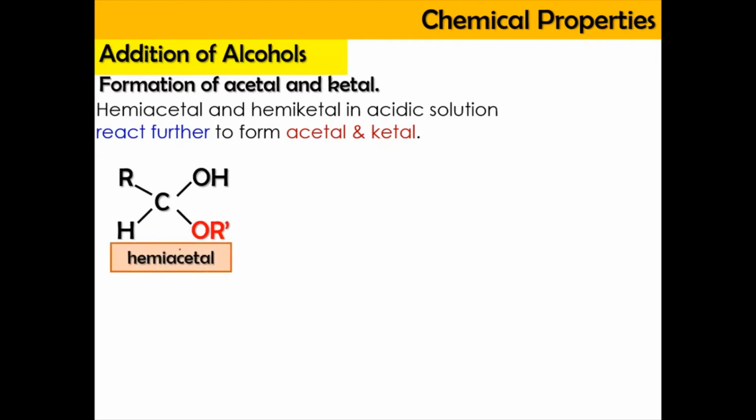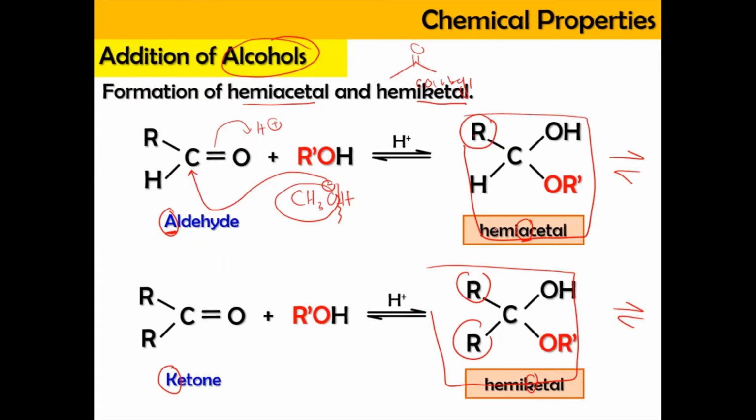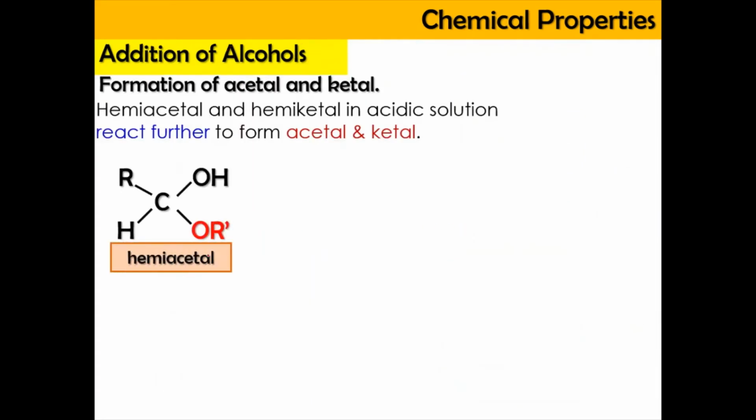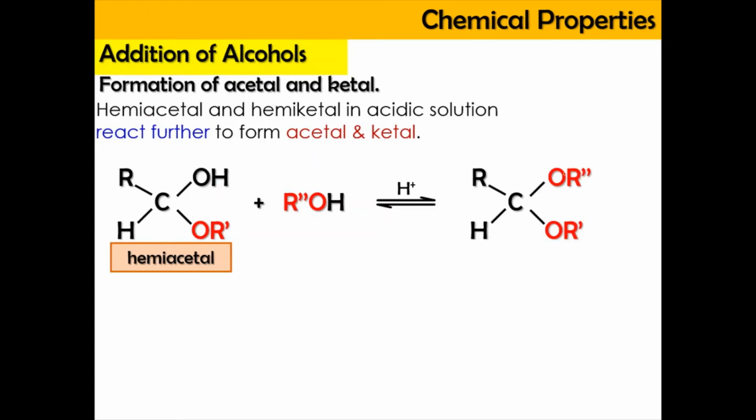This one is the hemiacetal that we have produced just now. So I bring it back to here, and then I'm going to react with ROH. The RO here is going to replace the OH. So it's going to produce 2 OR here, and from hemiacetal, it will be named as acetal.